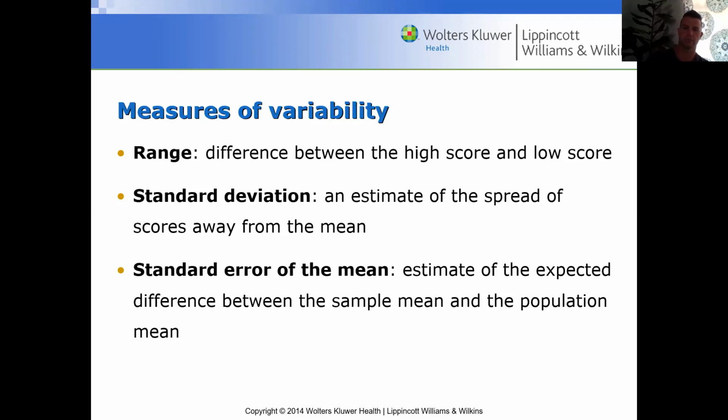Standard deviation is an estimate of the spread of the scores away from the mean. So you could have a mean at, say, 80. If 80 is your mean and most of the scores were around 80, you're going to have a very low standard deviation. So say 5 people took the test, all 5 got an 80, you're not going to have a standard deviation.